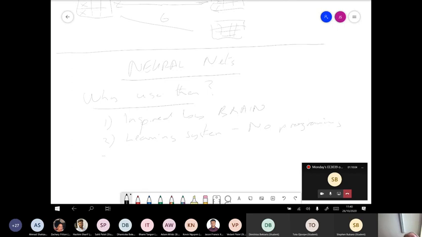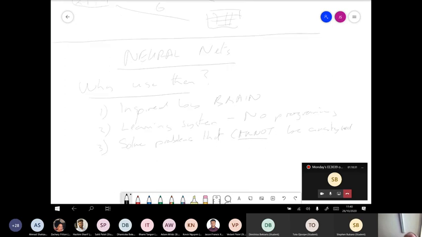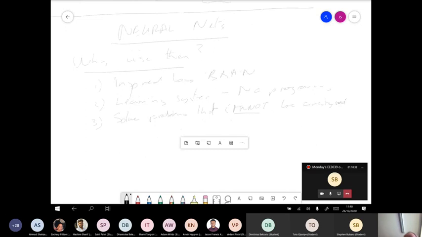And the third reason for looking for neural networks as a solution is they can solve problems, or we hope they can, because humans can do it, that cannot be analyzed. When the mathematicians can't produce a formula, the neural network hopefully can by a learning process.